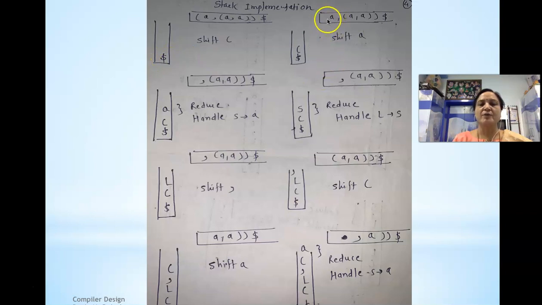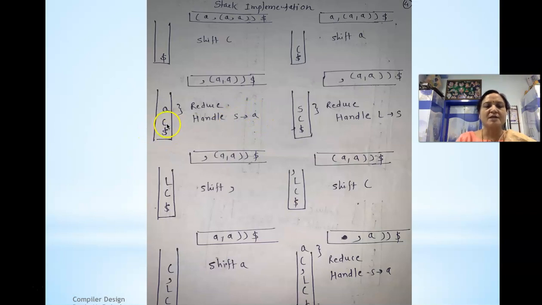So shift the opening bracket onto the stack. The opening bracket is not a handle because we don't have any production whose right hand side consists of only the opening bracket, so this cannot be reduced. So shift the next symbol, A. A is shifted onto the stack. Now A is a handle because we have a production S tends to A, so A can be reduced by S.